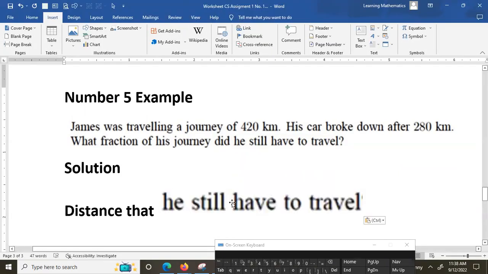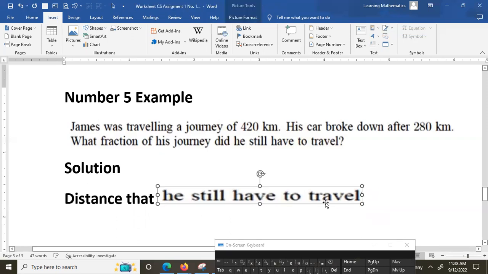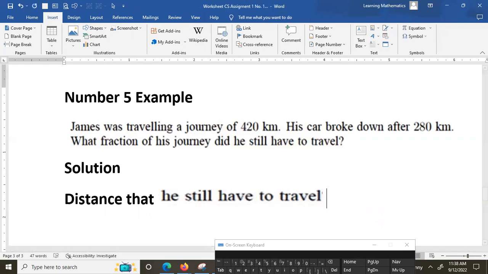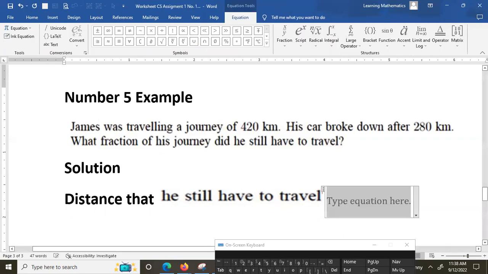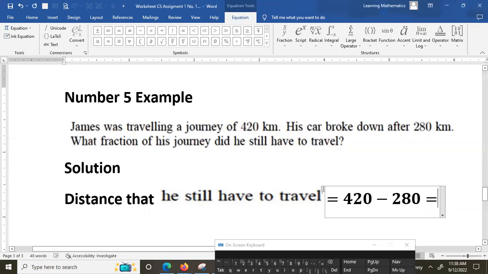The distance that he still has to travel would be the remainder, what he remains to travel. That would be equal to the difference between 420 and 280. And that's how much? 140. So that's the distance he remains to travel.